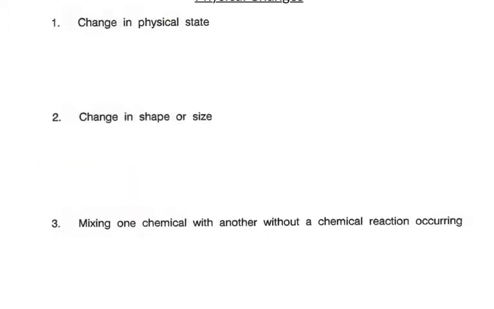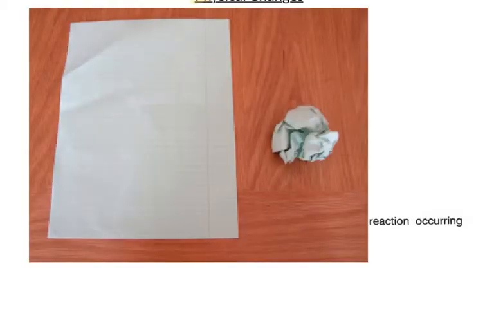So the three major physical changes that we see are the change in physical state. That's when we change from a solid to a liquid or a gas, that type of thing. We'll go into more detail on that in a moment. Changes in shape or size. So if I take a piece of paper and I wad it into a ball, it's still a piece of paper. It just looks a little different.